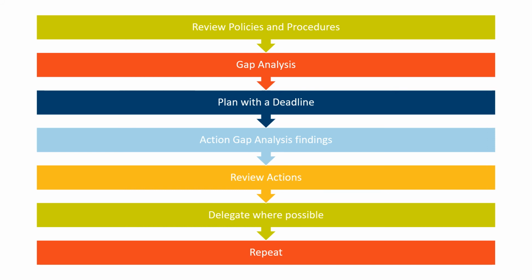Your review may well show up gaps that need reviewing. Plan with a deadline. Plan to make the necessary changes and ensure you mark a deadline for this. This is most important. Action your plans which showed up in the gap analysis. Review all the changes which need to be made and delegate where possible, taking into account everyone's workload. Then repeat all of the above 6 months later.